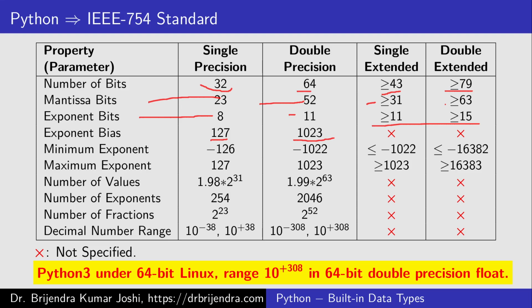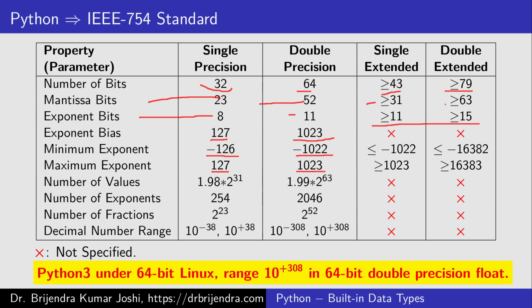So the minimum would be minus 126, and the minimum exponent in case of double precision is minus 1022. And the maximum exponent is plus 127, and in this case 1023.